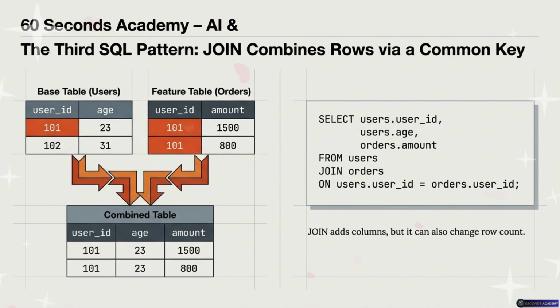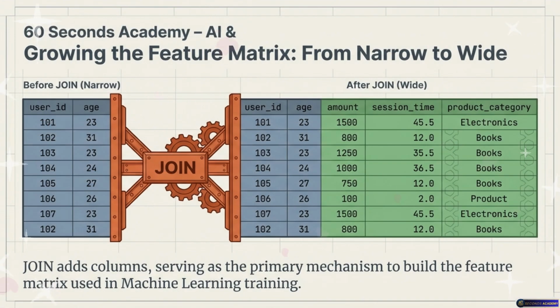Exactly. If we connect this to the bigger picture, you really have to understand why machine learning models fundamentally require this wide, flat matrix to function. Right, because if you have some basic Python experience, you know that models under the hood are really just doing linear algebra. Yeah, they expect a flat, two-dimensional array of data, often called a tensor. They cannot dynamically read across multiple disconnected tables the way human intuition can.